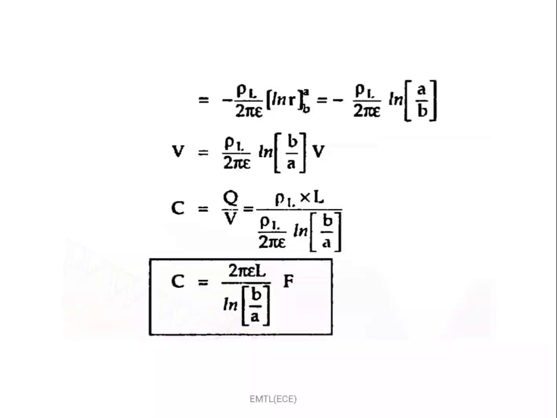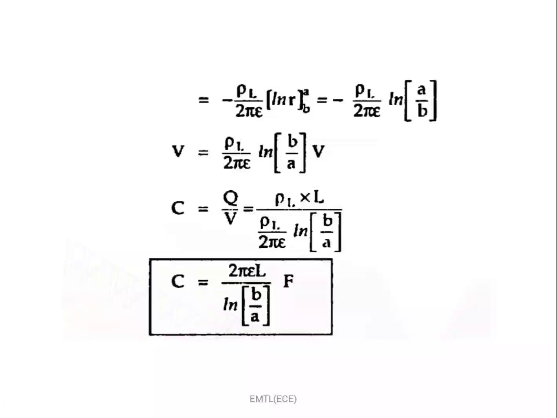Now by knowing the value of E, then by the relation between V and E, that is V equal to the integral of E bar dot dl, we can easily find the potential difference V.